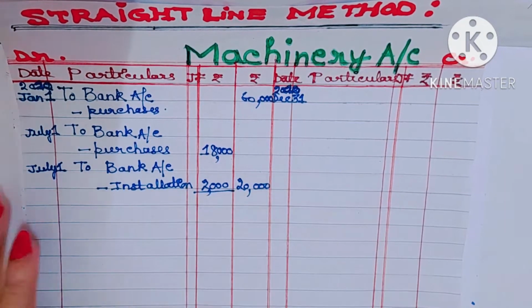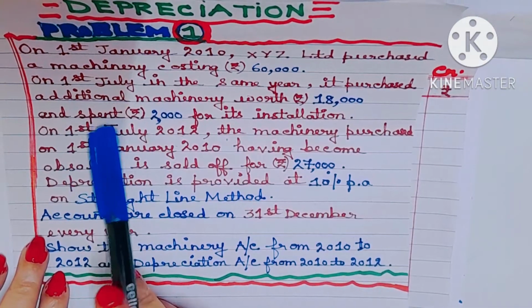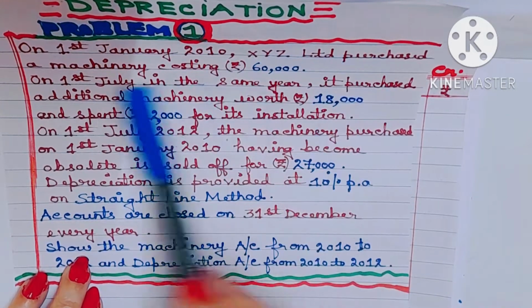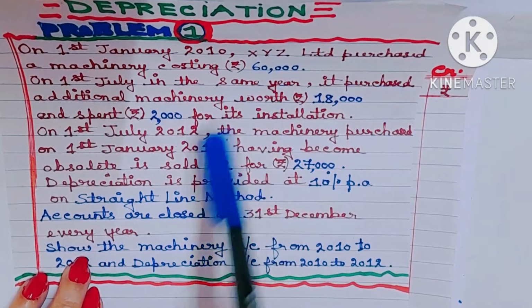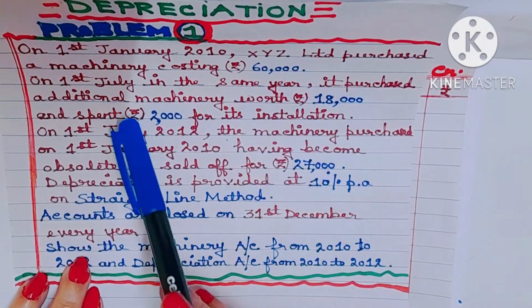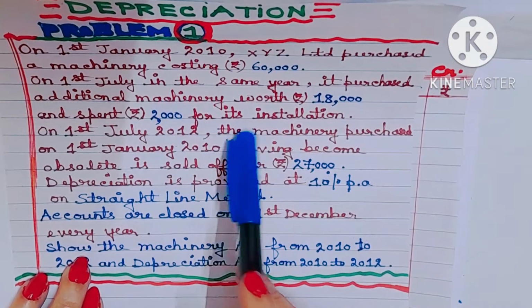Understood? Now let's see the problem again. On 1st January 2010, XY Limited purchased a machinery costing 60,000. We did that. On 1st July in the same year, it purchased additional machinery worth 18,000 and spent 2,000 for its installation.